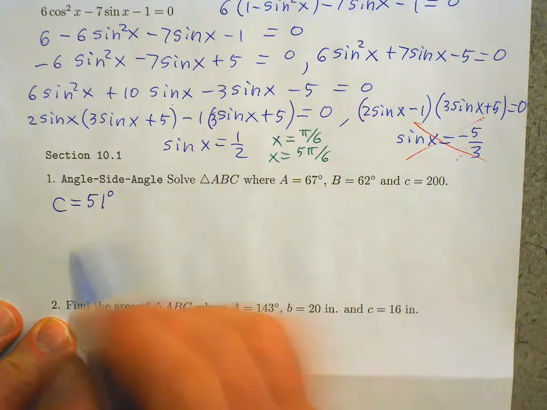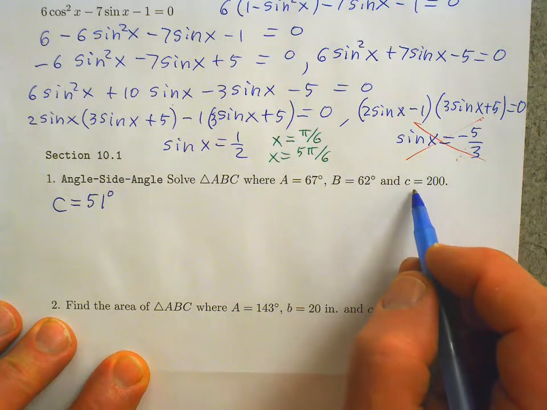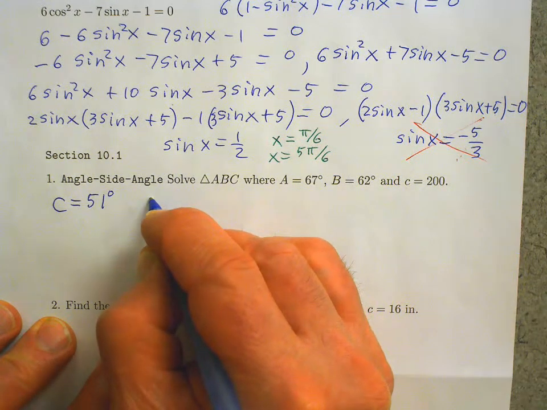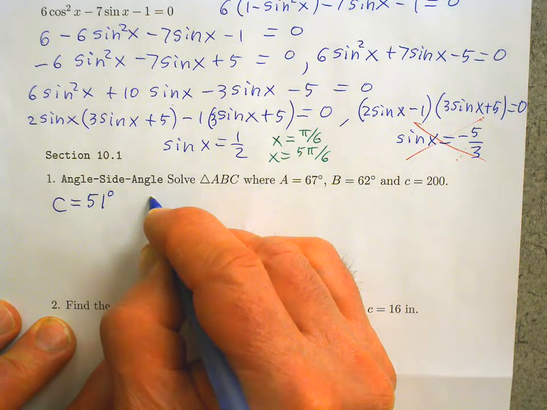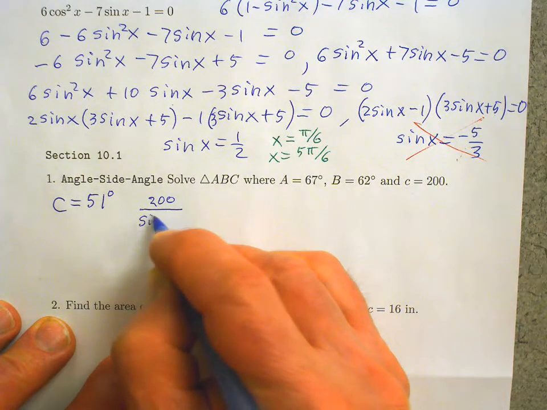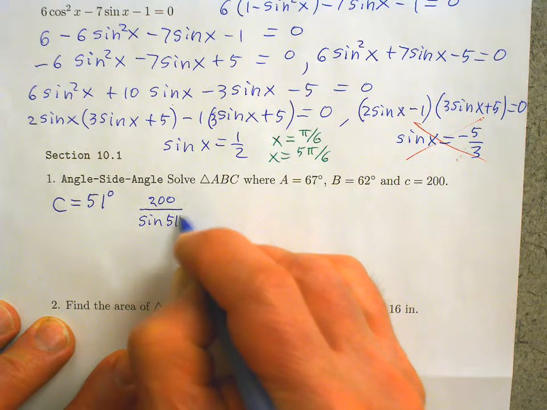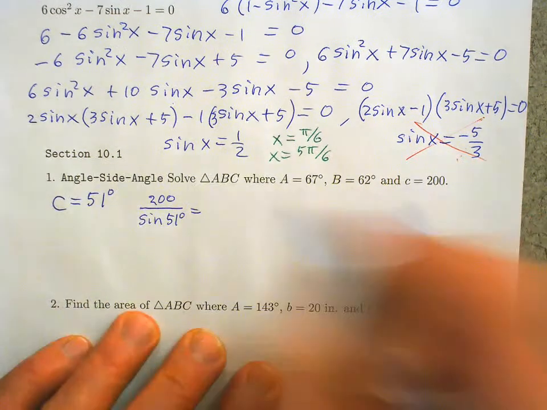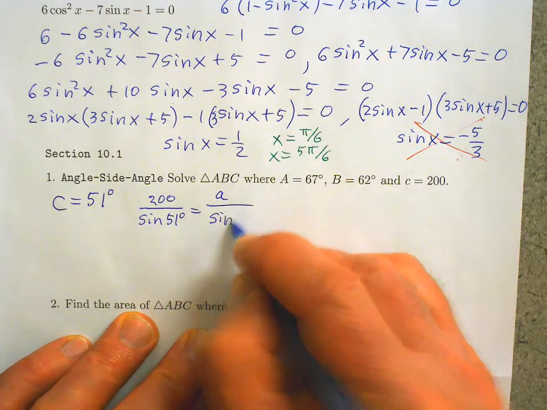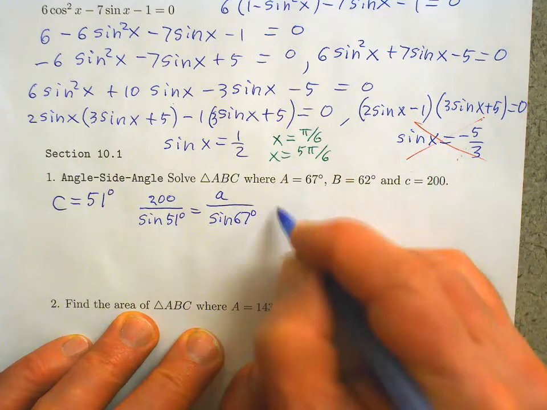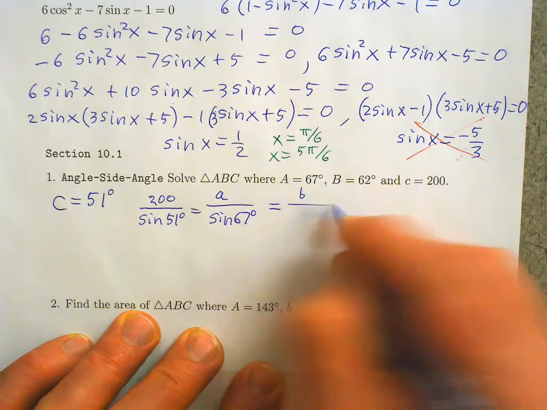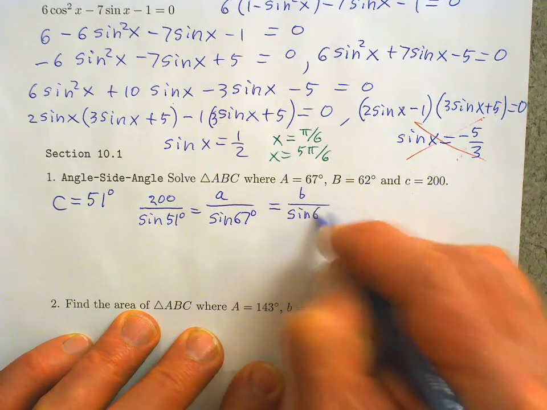So we can use angle C and the length C. We can write 200 over sine of 51 degrees equals a over, lowercase a over sine of 67 degrees. And each of those will be equal to lowercase b over sine of 62 degrees.